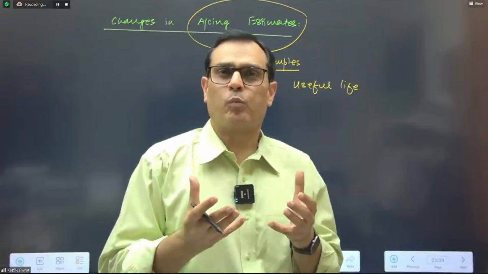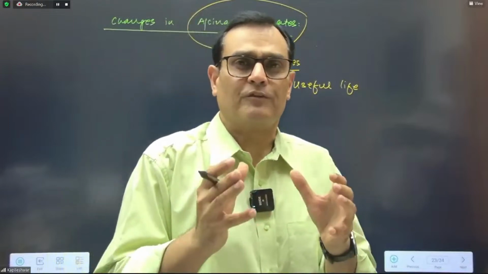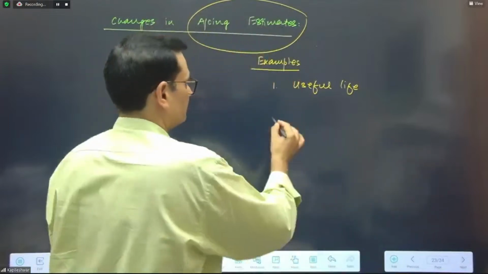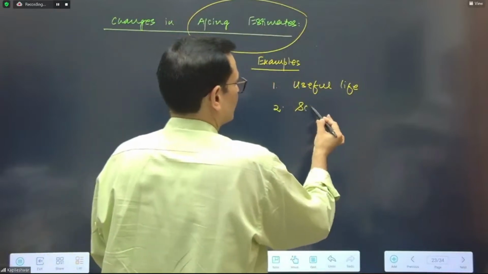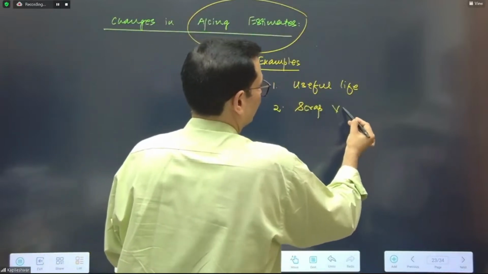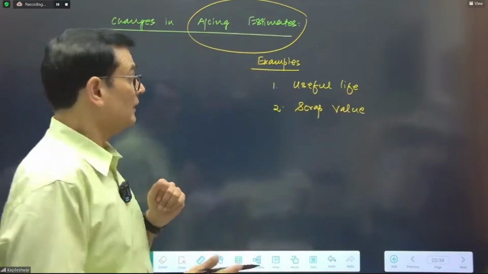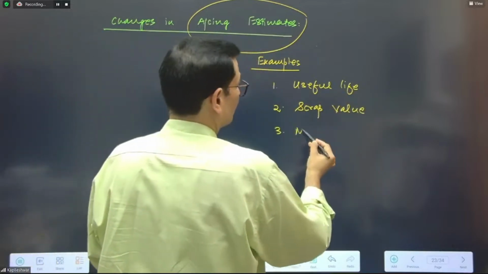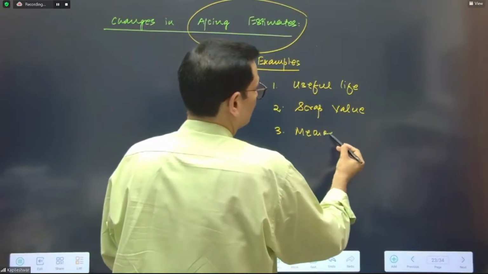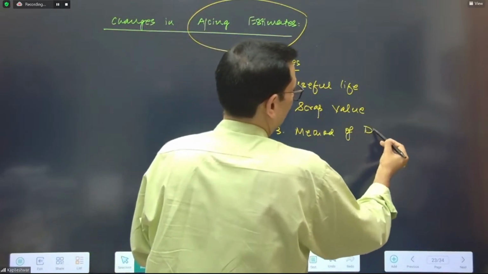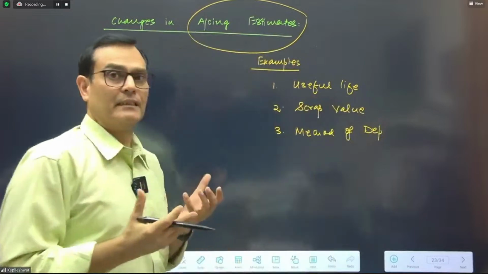You estimate what is the expected life, the useful life of the asset for depreciation. When you consider the depreciation, you take a scrap value of the asset. That is again an estimation. When you consider the method of depreciation or maybe the method of amortization for intangibles, that is again an estimation.